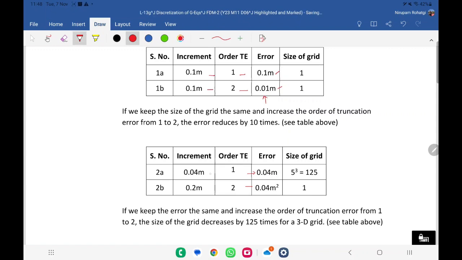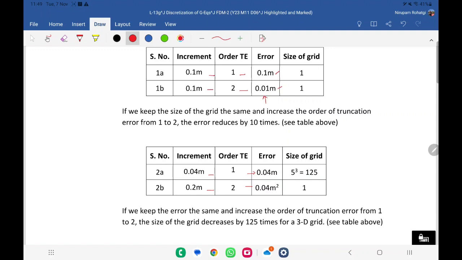Suppose in one case your grid size is 0.2 meter; in the second case you will have to make it 0.04, because in one case it is the first power in truncation error, in the second case it is the second power.